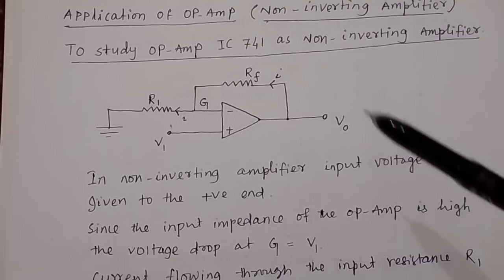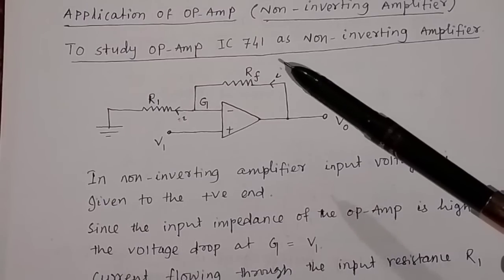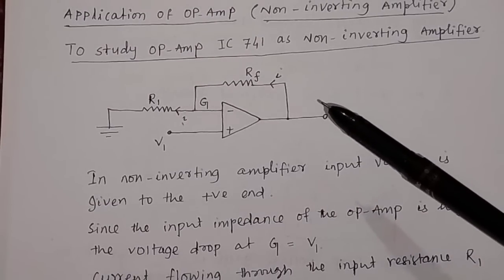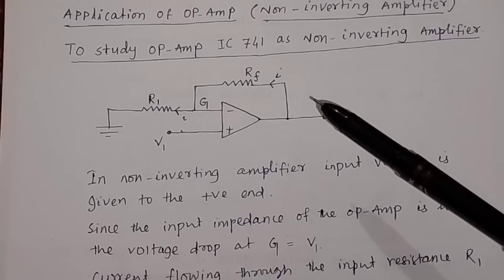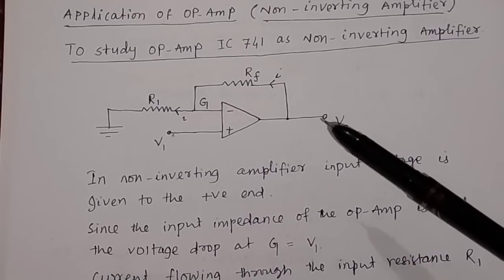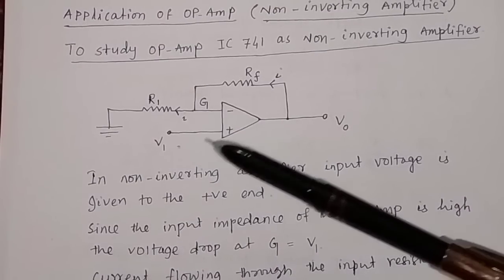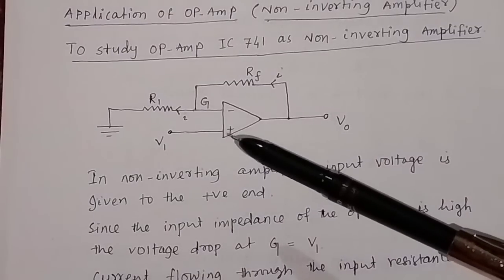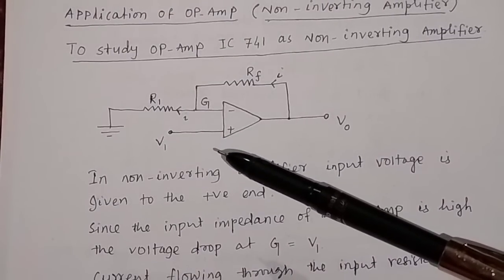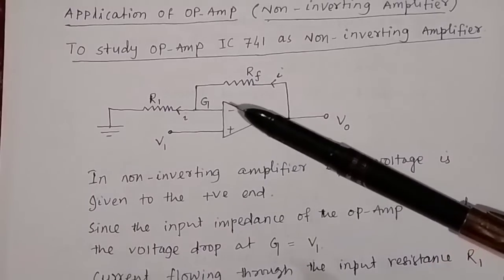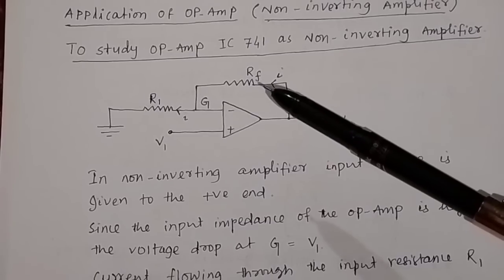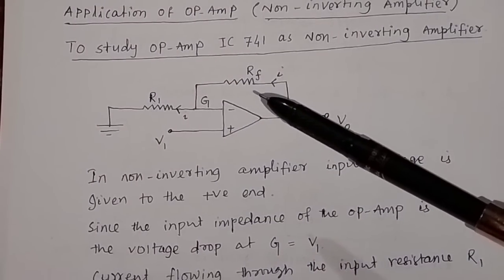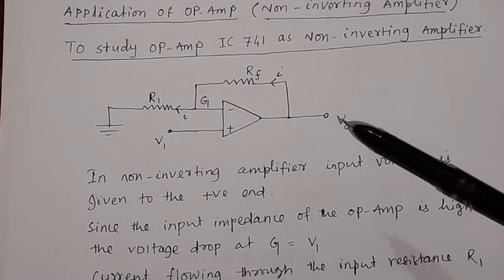So in the experiment to study the operational amplifier, that is IC 741 as a non-inverting amplifier, what you will study: we know the voltage gain is equal to output voltage by input voltage. The input voltage given to the amplifier is known to you. The input voltage generally we give from 0 to 1 volt, and the input resistance and feedback resistance are also known values. Only the unknown value is the output voltage.